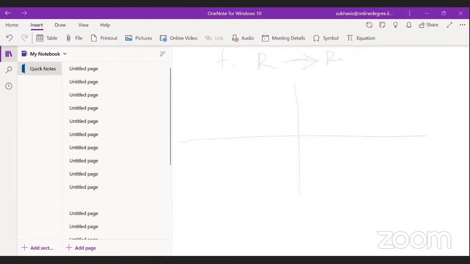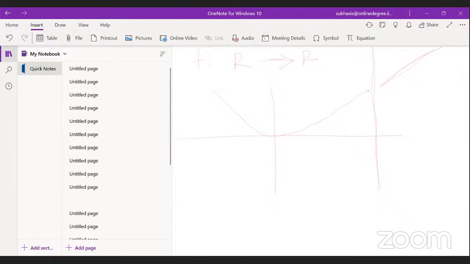This is your graph, and suppose there is some discontinuity here, from here to here. Then I am taking this. If you draw a graph like this, then basically this line you are not getting.